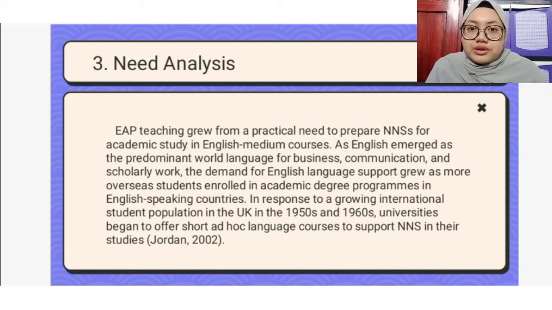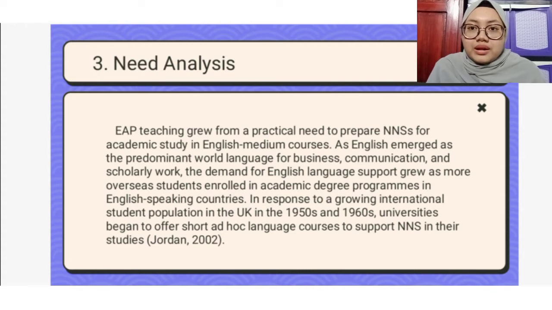In response to a growing international student population in the UK in the 1950s and 1960s, universities began to offer short ad hoc language courses to support NNS in their studies.